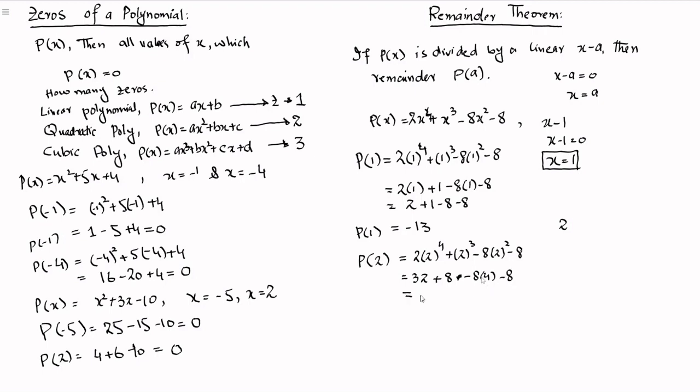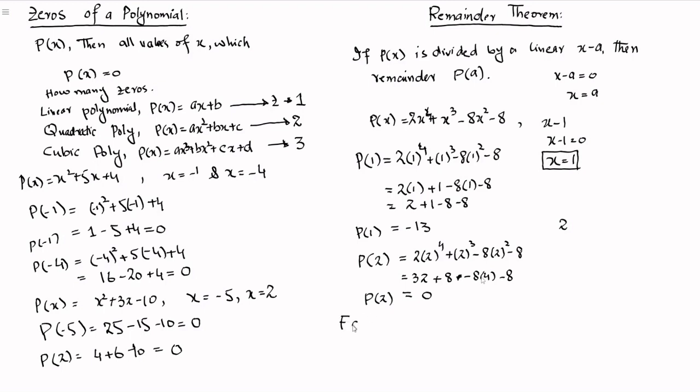And when this adds up, it gives you 0. It means that x is equal to 2 is the zero of this polynomial equation.